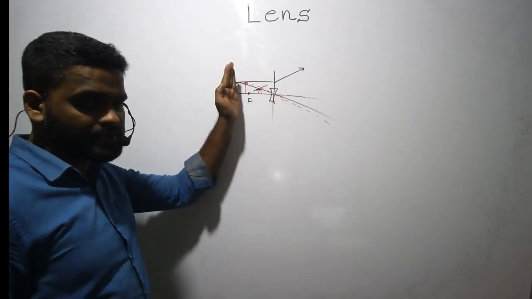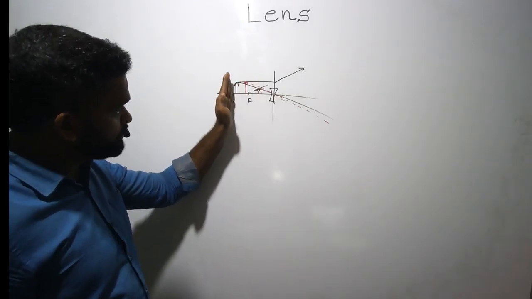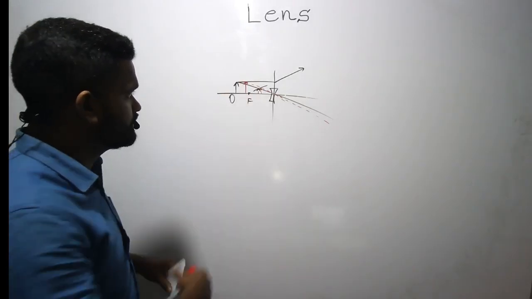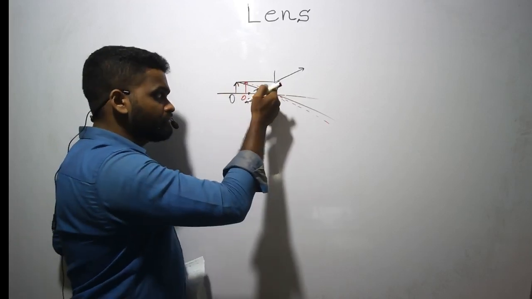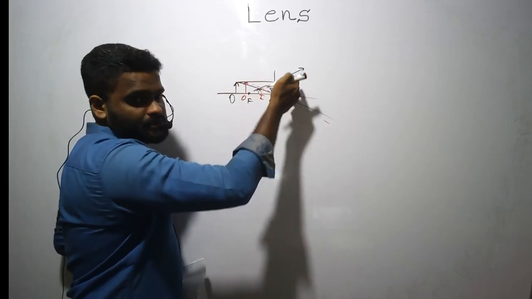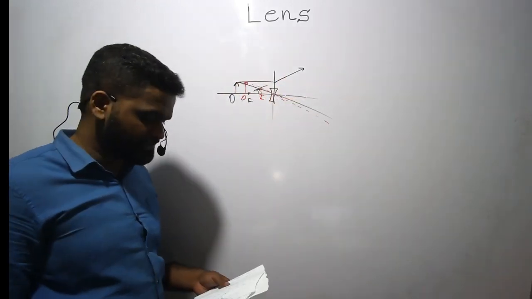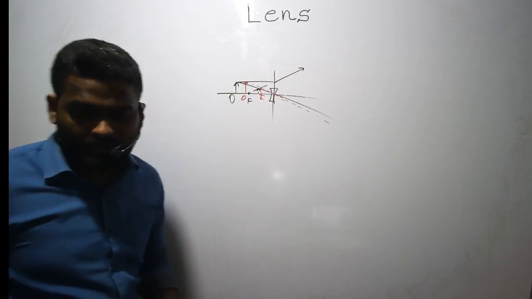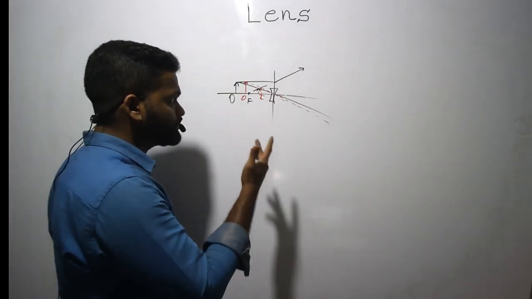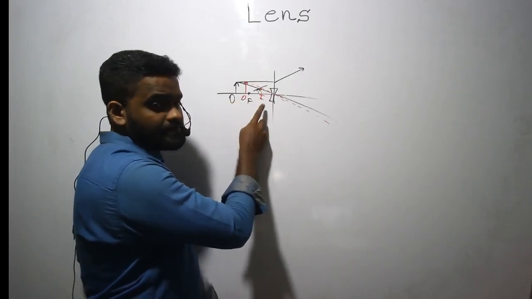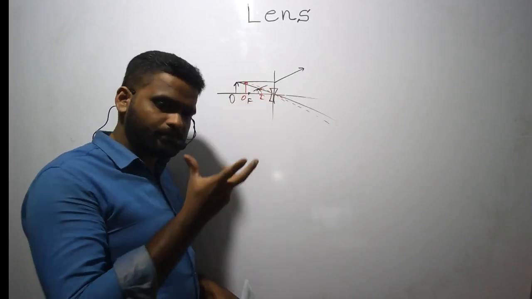So the meaning of that is when you move the object towards the lens, the image gets larger, right? Or in other words, we can say if u decreases, v also decreases. Both are positive values.